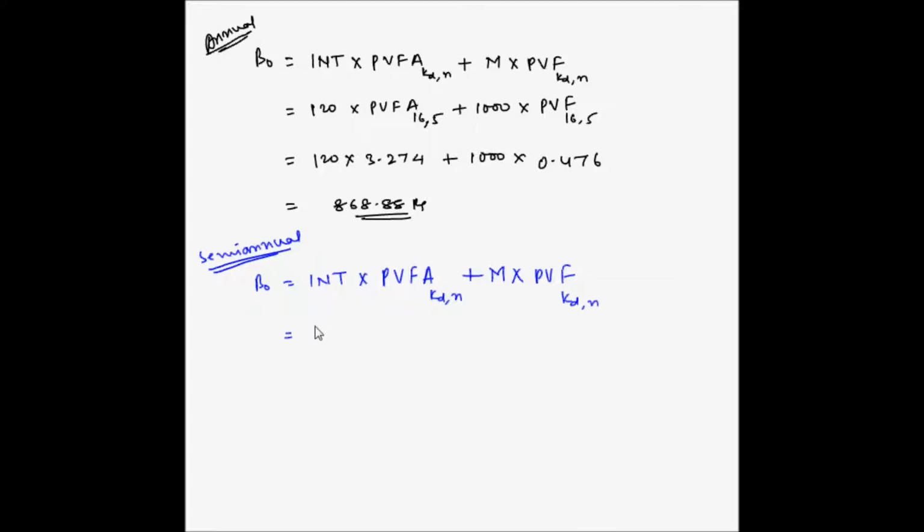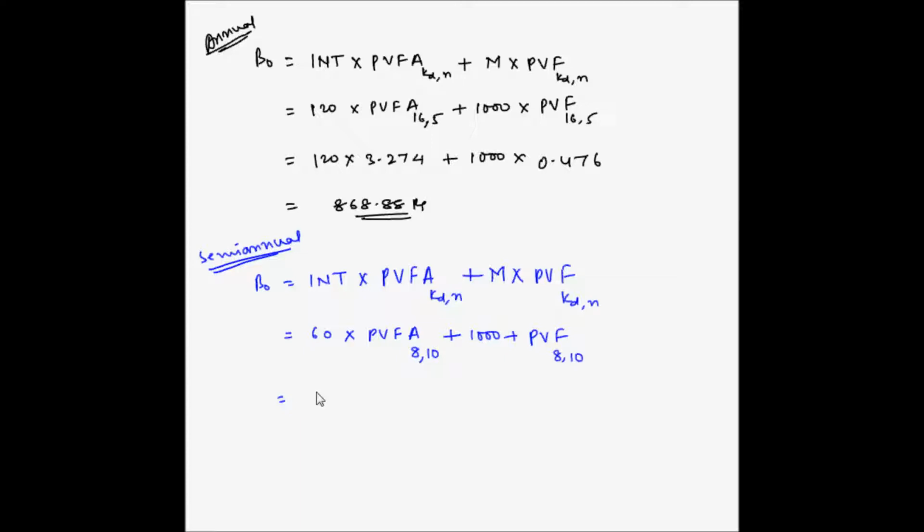Interest is now 60 per compounding period multiplied by present value factor of an annuity. Now what is KD and N in this case? So KD is 8% and N is the number of periods, which has now become 10. Plus M is the same, 1000, into present value factor of a lump sum. KD is 8 and N is 10.